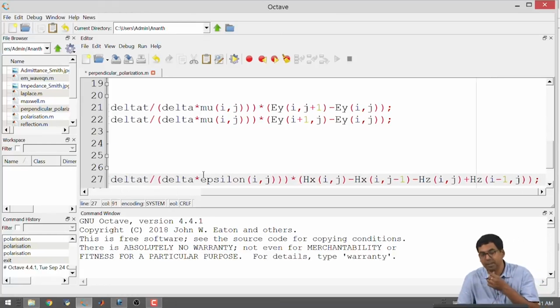It is a lengthy expression, but there are no tricks or anything. Whatever you have written in your derivation is the exact same thing written in the difference form. Those are the tough parts, that's it. All your update equations are done for Hx, Hz and Ey. And once you are able to do this, that means that you have written the curl equations accurately. All you need to do now is define the source value, define some plotting commands, and you are done with the program. So, let us go ahead and do that.